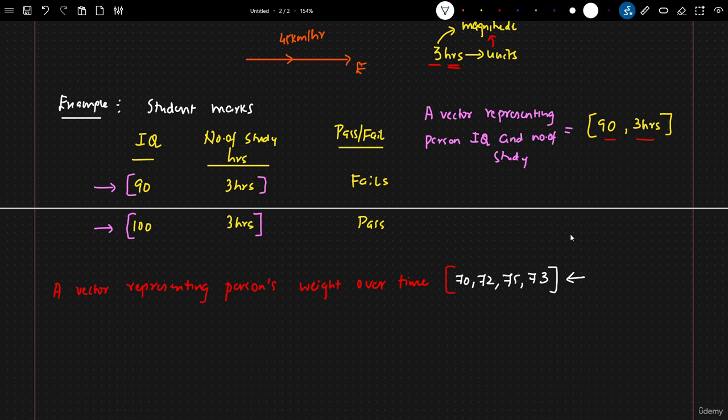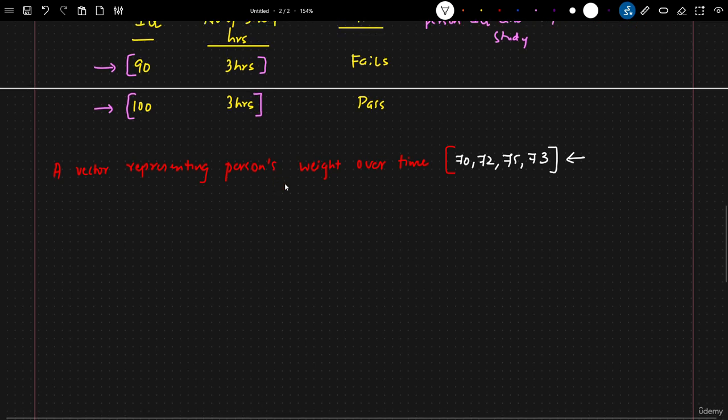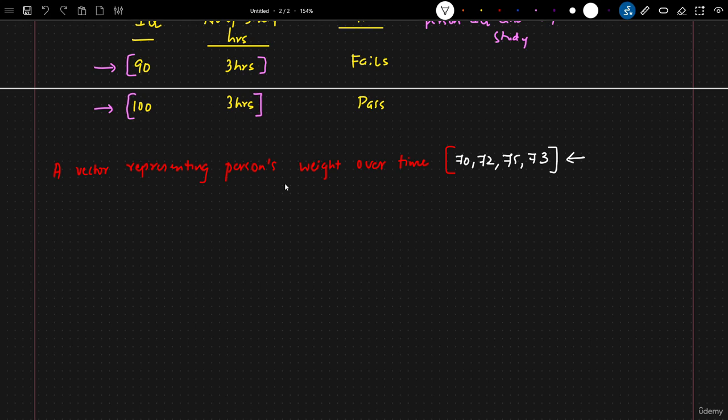Now see, many people may be thinking, Krish, where does direction come into the picture? In the context of data science, whenever we talk about vectors, we don't necessarily mean that they have a physical direction in space. In physics, there is a concept called velocity.